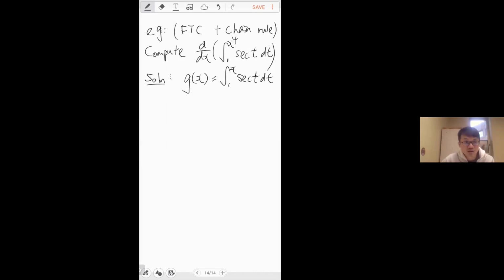And then I'm changing the upper limit to be just x. Is it okay? So instead of putting x to the 4, I'm putting x. And so the derivative of the integral in the question is the same as asking what is the derivative of g of x to the 4?